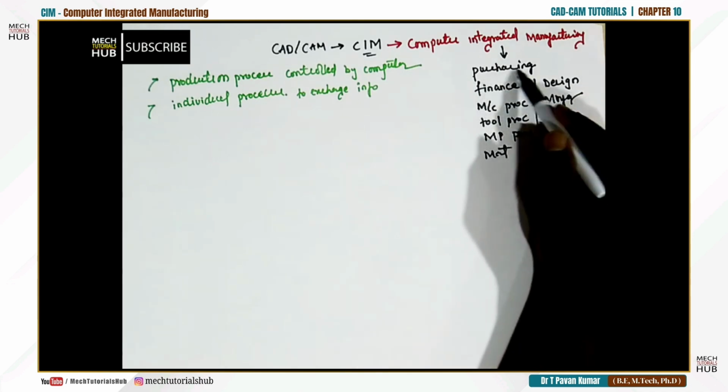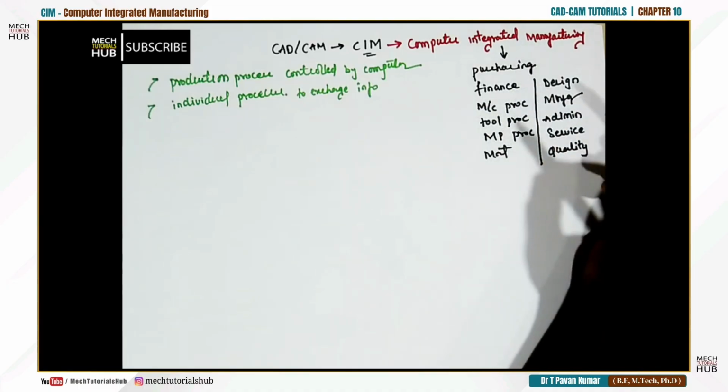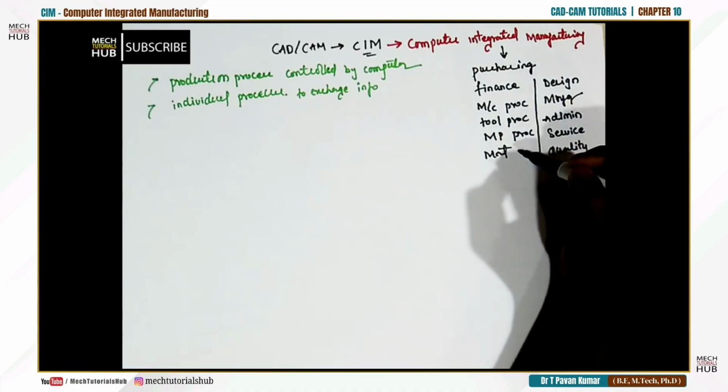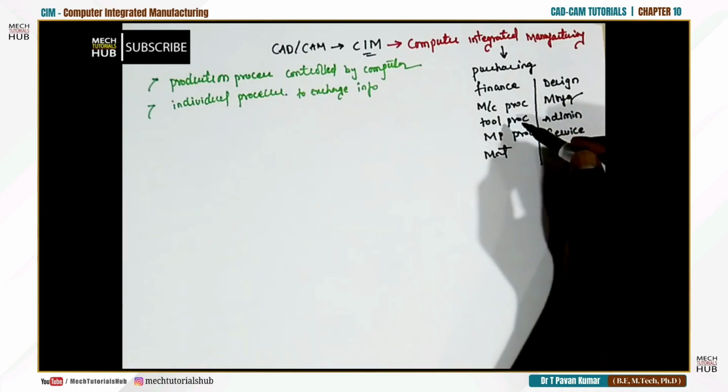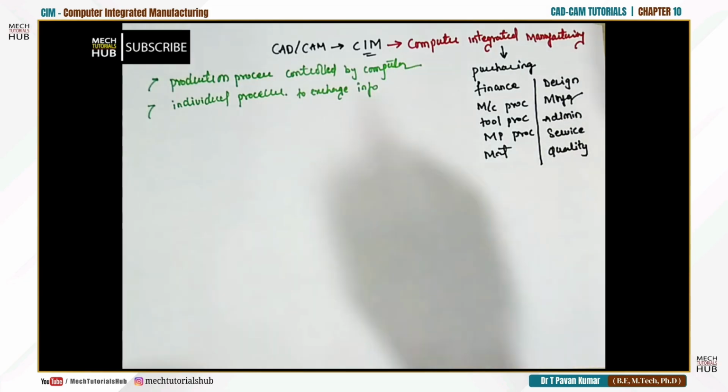This covers information related to material, finance or billing of that particular component, and materials, tools, machines, manpower. Any other new things required for that specific project, every piece of information will be given.